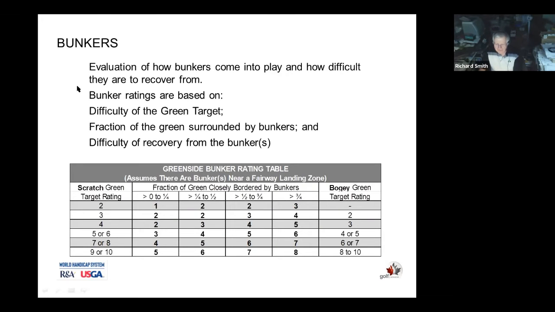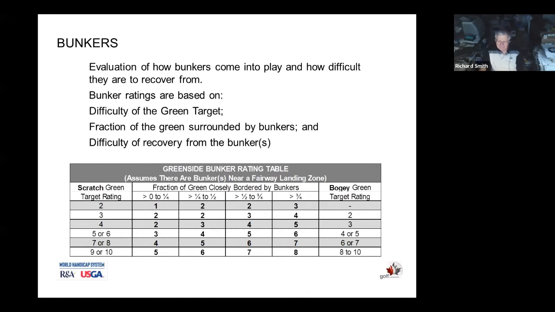Okay, we start off looking at the table values, and as noted above, the green target is a major contributor to the bunker rating, because the more difficult the green is to hit, the more often you're likely to be in the bunker instead if there are greenside bunkers.